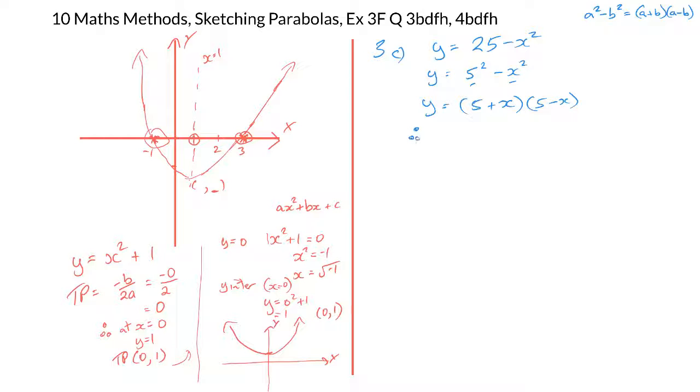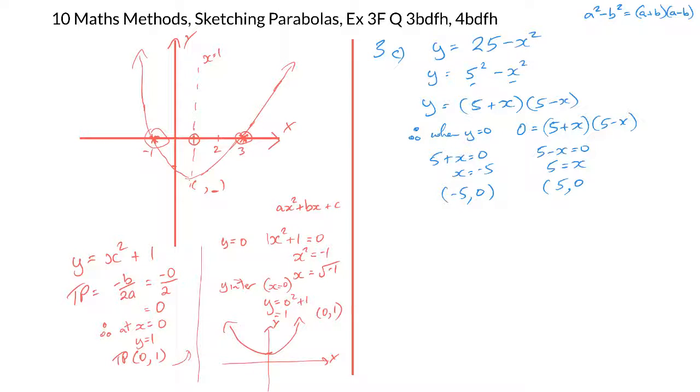So therefore, when y equals 0, finding the x-intercepts, 0 equals 5 plus x and 5 minus x. So 5 plus x equals 0, x equals -5, and 5 minus x equals 0. I'm going to take the minus x to the other side to make it positive. And so this is a point -5, 0. This is a point 5, 0.